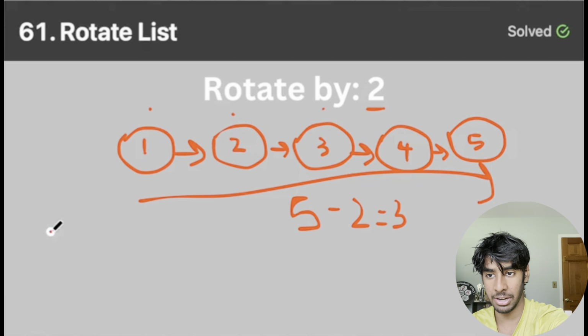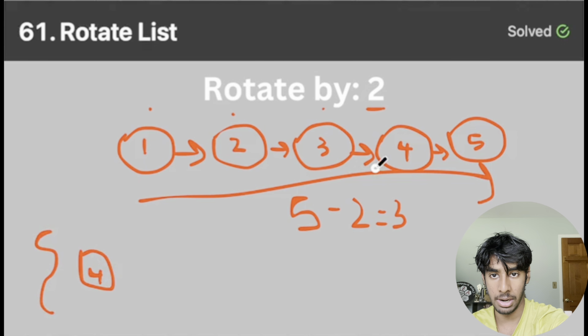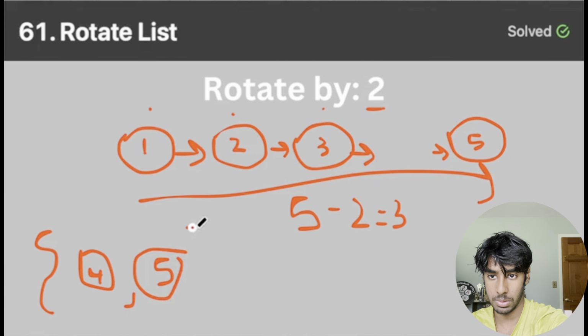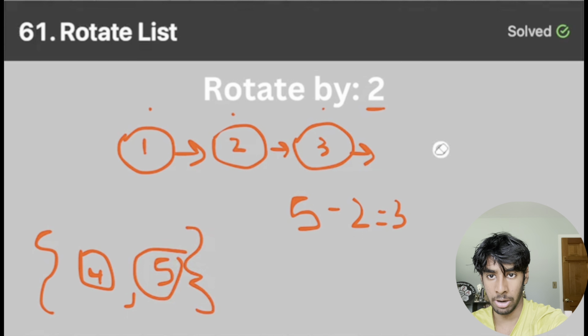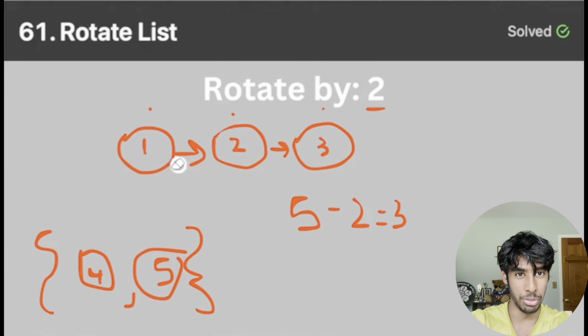So we're going to have a set here that contains the node 4 because we just saw that. And we're going to remove it and then go to the next node, 5. 5 we also are going to save right here. Right, and then clean that all up. Now we're just left with this.